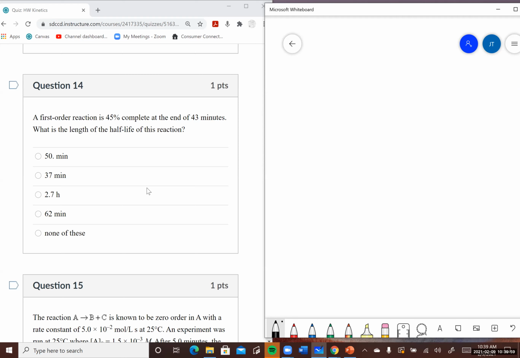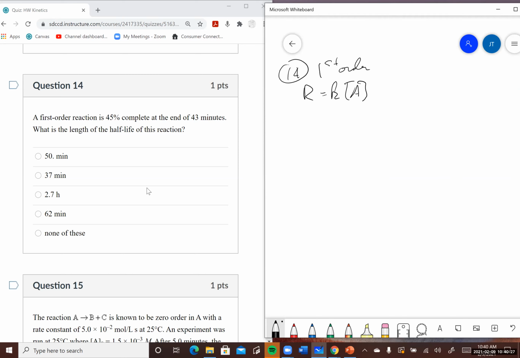All right, well, they tell me that it's a first order reaction. And so for number 14, it's first order. So I know that the rate equals k times the concentration to the 1 power.